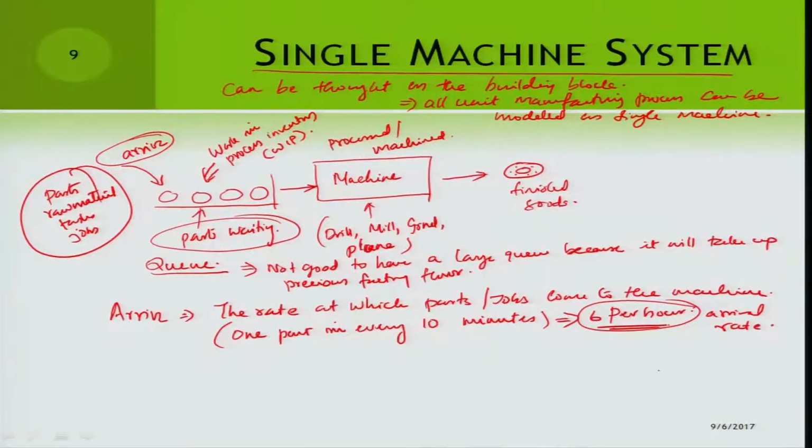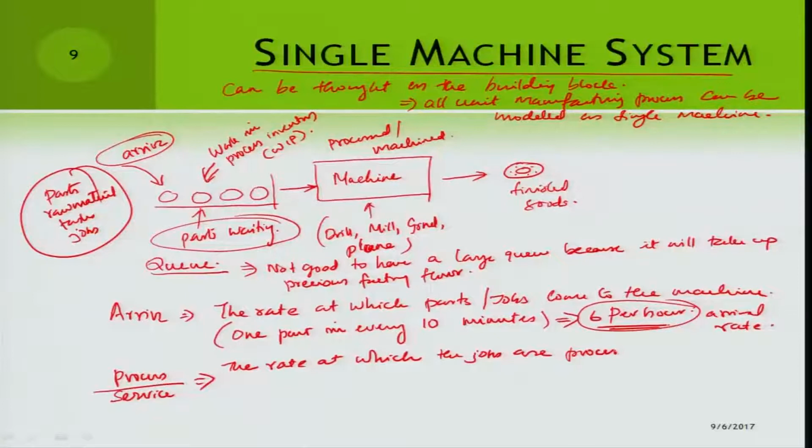Now the other one is the process, or what you can think of as service. Process or service is the rate at which the jobs are processed by the machine, in this case called the machine.